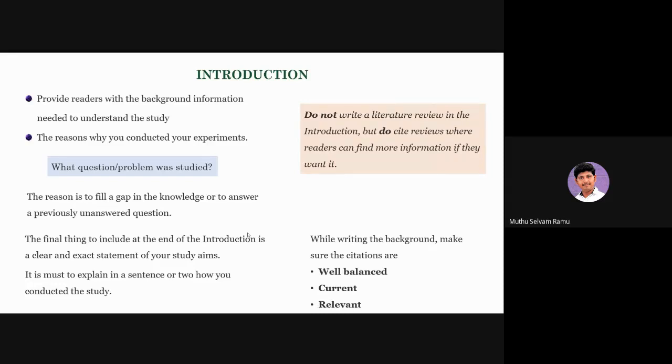Why should they be current? In the majority of journals, there is a prescription, like 40% of the references should be published within 5 years before the submission. For example, if you are submitting in 2020, 40% of the references should be from 2015 to 2020.